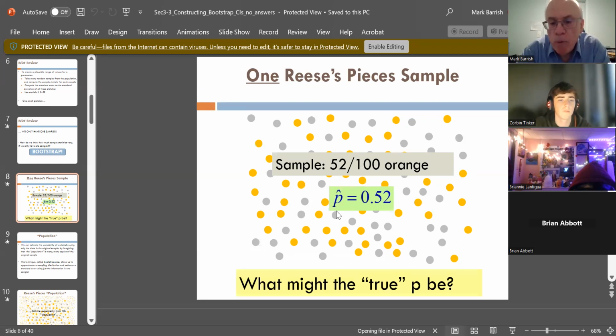So we might say, if we had millions of these Reese's Pieces, and we went into the factory where they created them and looked at all the possible Reese's Pieces created for months or years, what do you think the proportion of orange ones would be? So we're trying to guess at that. We're trying to estimate.